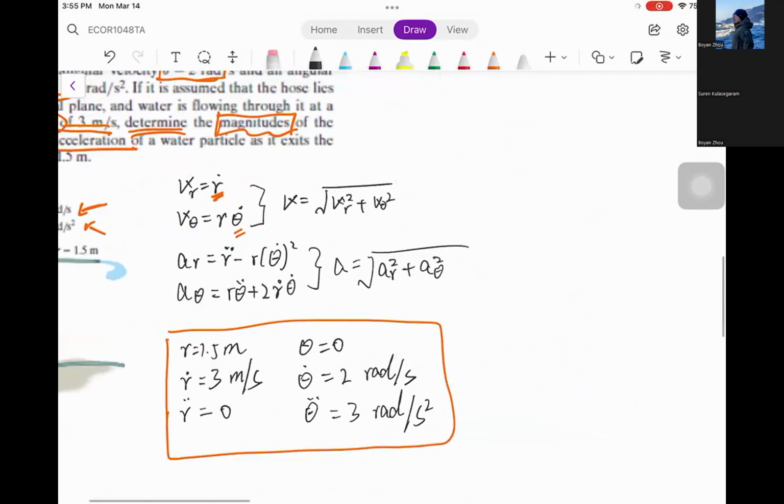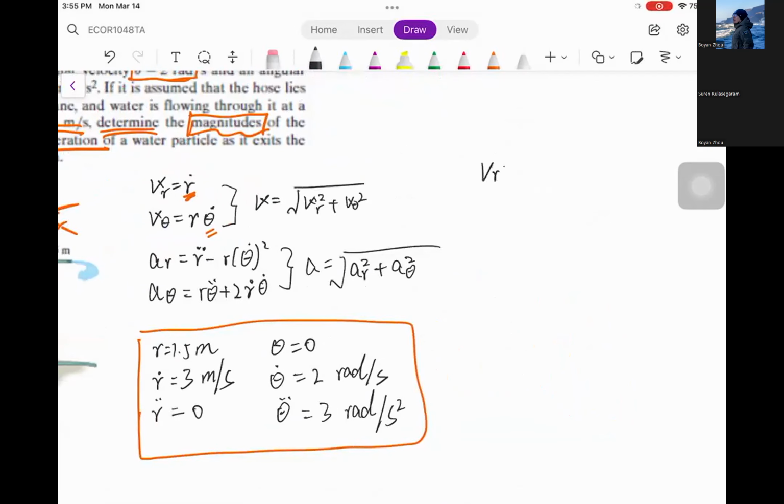Okay, so now we can see V_R is equal to R dot is equal to 3. V theta is equal to R theta dot, which is 1.5 times 2, equal to 3. And A_R is equal to R double dot, which is 0, minus 1.5 times theta dot to the power of 2.